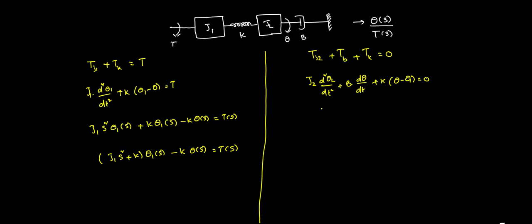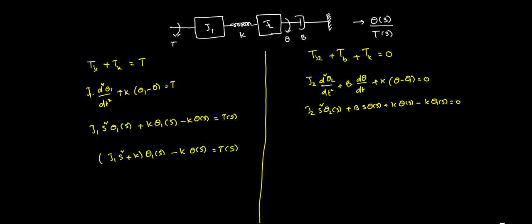Applying the Laplace transform here, J2 s square theta 2 of s plus B s into theta of s plus K into theta of s minus K into theta 1 of s is equal to 0.